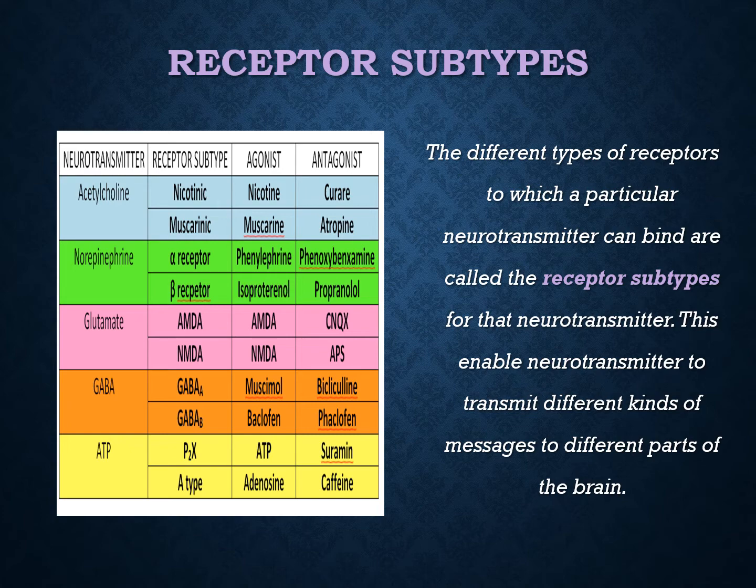It was initially assumed that there is only one type of receptor for each neurotransmitter, but this has not proved to be the case. As more receptors have been identified, it has become clear that most neurotransmitters bind to several different types of receptors.